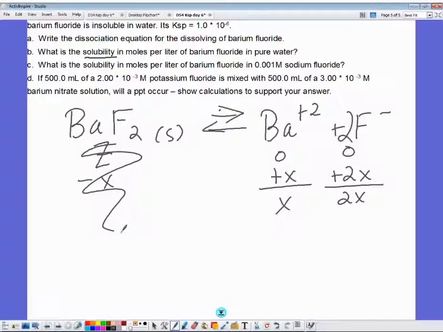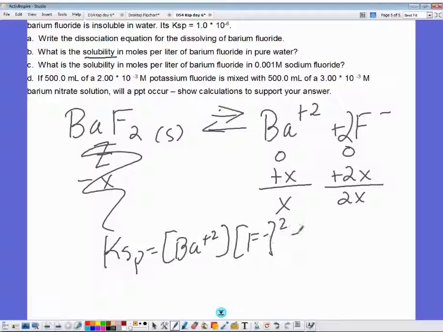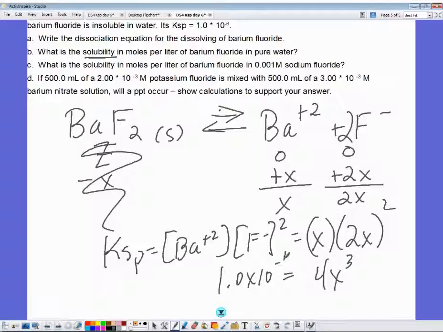And you'll never know how much you're trying to get to dissolve. You'll never know Z. Now, the Ksp, which is an expression of barium ion times fluoride ion squared, is going to equal x times 2x squared. That's where we end up getting our 4x cubed equals my 1.0 times 10 to the minus 6.